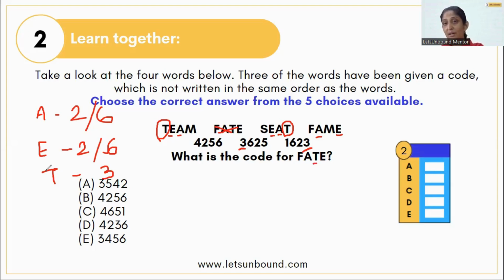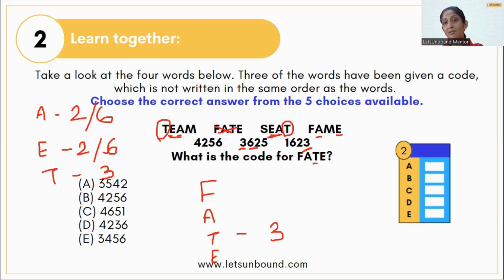Now here we can write in FATE. We have got the alphabet T. But we can easily identify the other alphabets. That is, E and A are same in both the cases. Right? E and A are the same in TEAM also and in SEAT also. So which again belongs to which of the 2 numbers?